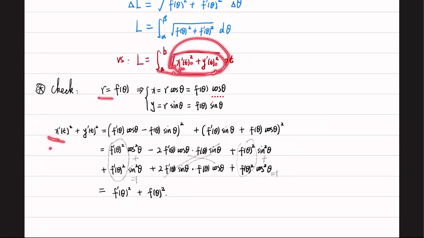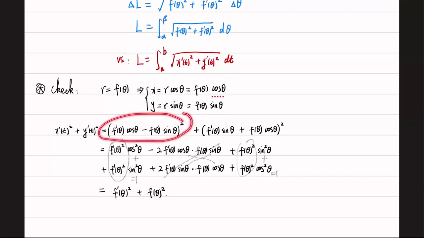In our case, for a polar curve, x is f cosine theta, y is f sine theta. The derivative of x, apply the product rule. The derivative of y, apply the product rule. In the first square we distribute the square, with squared terms and crossing terms.